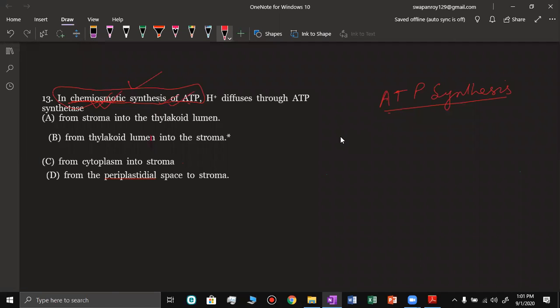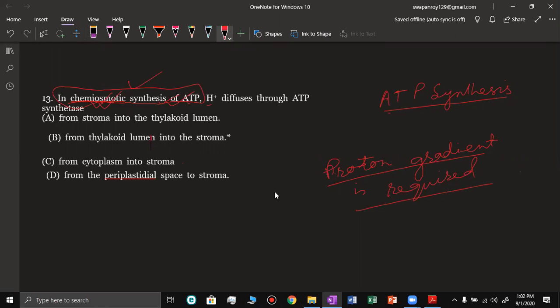During this synthesis of ATP, a proton gradient is required.